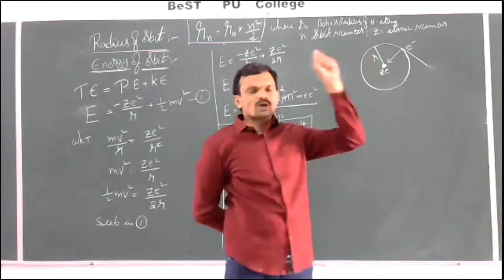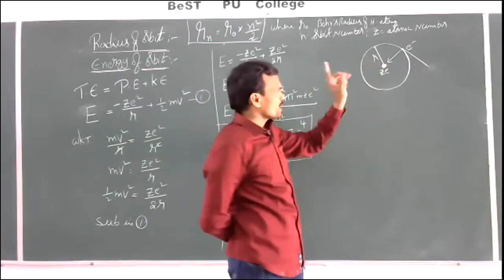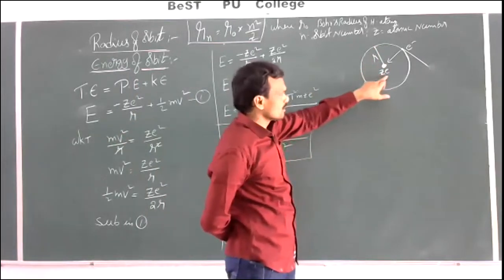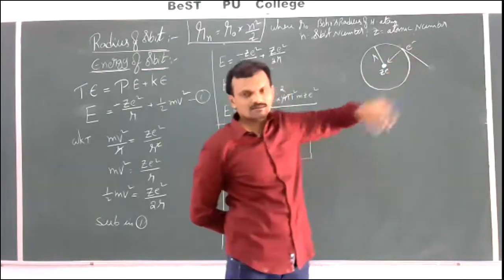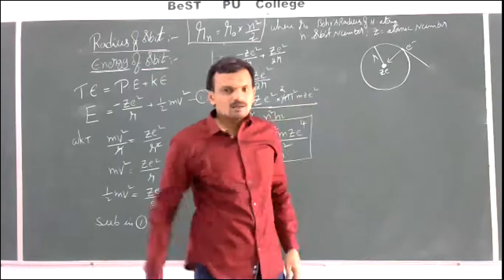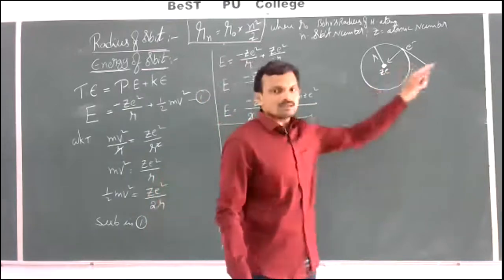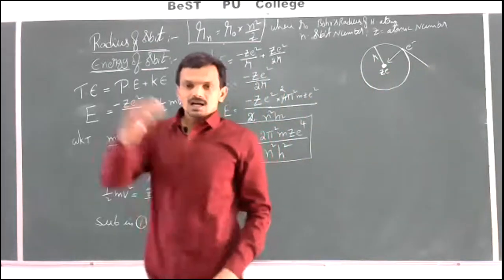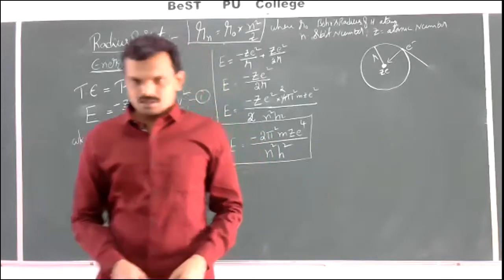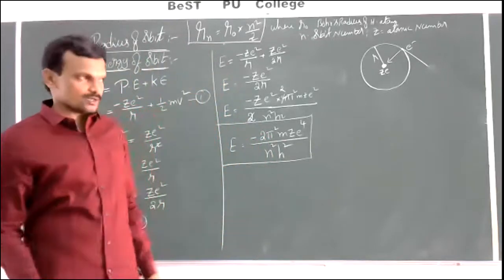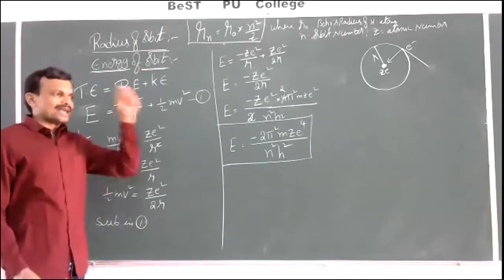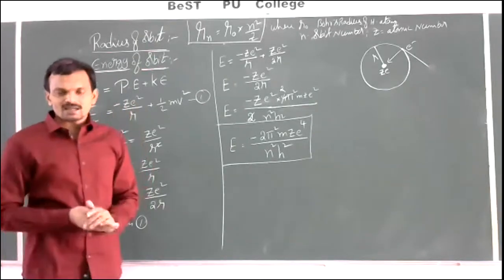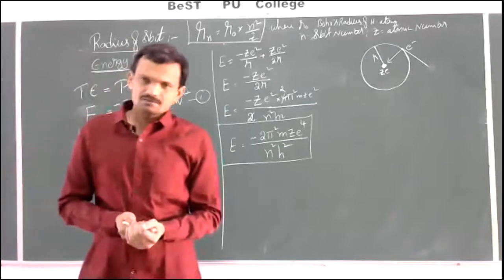Potential energy is nothing but the product of the charges of the two particles. The nucleus charge is Ze, the electron charge is minus e, because the electron is negatively charged. So Ze into minus e, minus Ze square divided by the distance between the particles, that is the potential energy between the two particles, minus Ze square by r. Kinetic energy, as you know, is equal to half mv square.